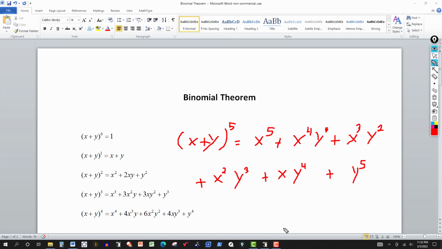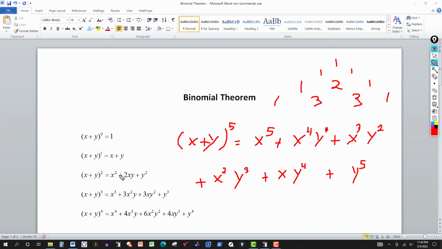Now there are several ways to get the coefficients. One is to use Pascal's triangle. And you can just keep going on this. The first one has a 1, that would be to the 0 power, 1 term. And then the next row would be to the first power. Coefficients would be 1 and 1. And then the second one, the square, has 3 terms.